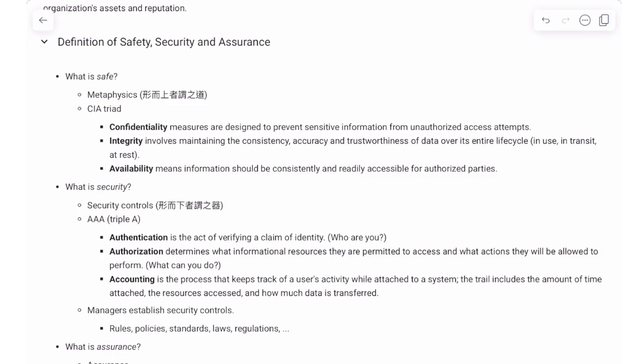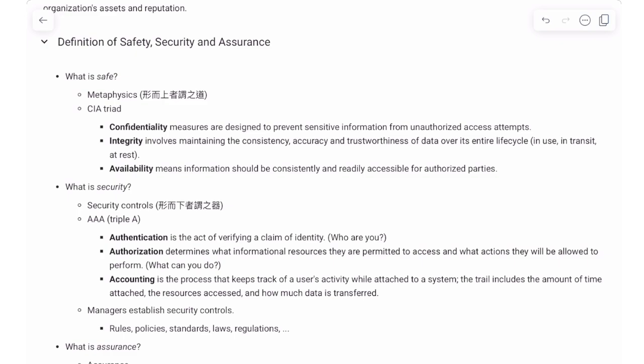And integrity is the same thing. It involves maintaining the consistency, accuracy, and trustworthiness of data over the entire life cycle. That means if you store your user profile in our database, in our services, no hackers can manipulate your data.